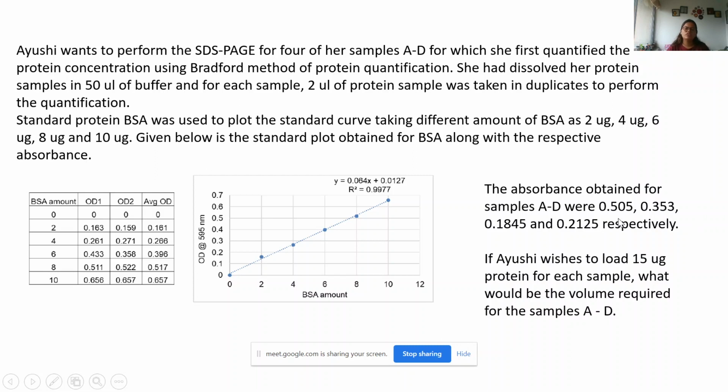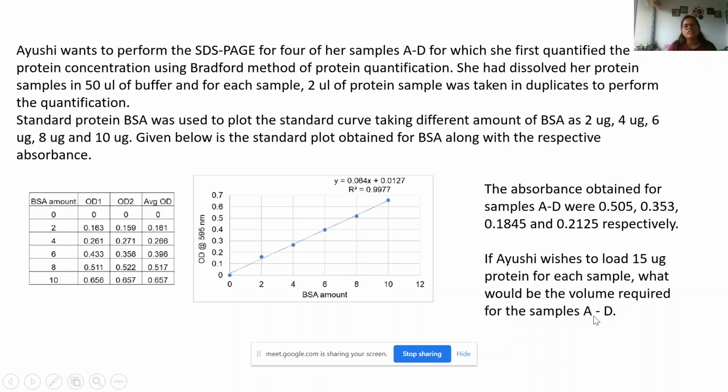These are the ODs for the proteins A to D. Using this absorbance information for all 4 proteins and the standard curve, you have to first find out the concentration, the amount of the protein A to D. Now, if Ayushi wishes to load 15 microgram of protein for each sample, what would be the volume required for the samples A to D?